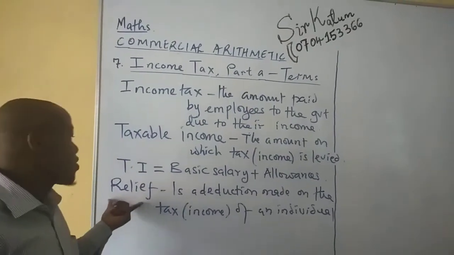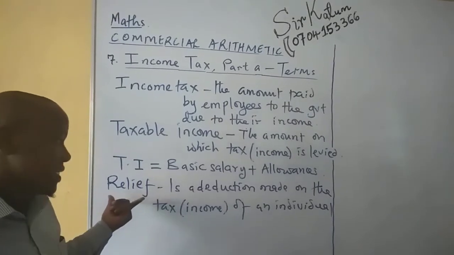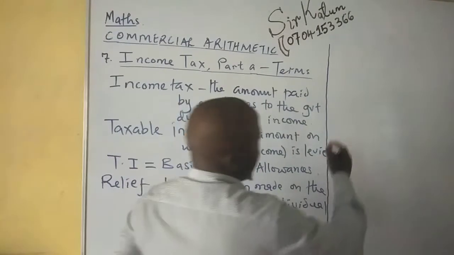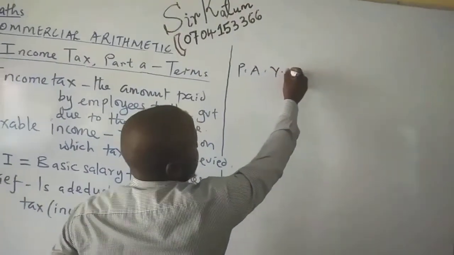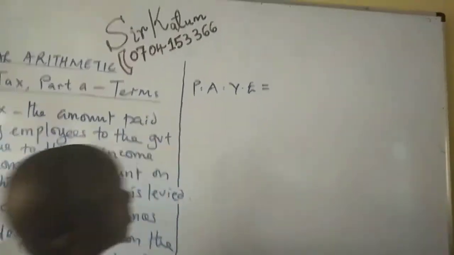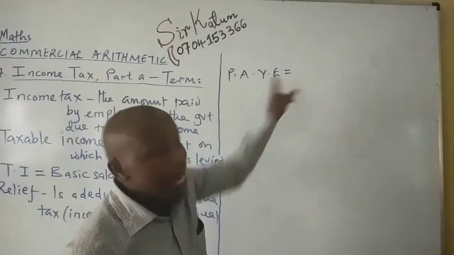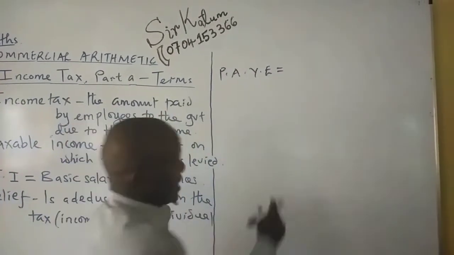If we have known now what a relief is, this takes us to the next term, which I will call payee. Payee in full means pay as you earn. And pay as you earn is now the net tax.